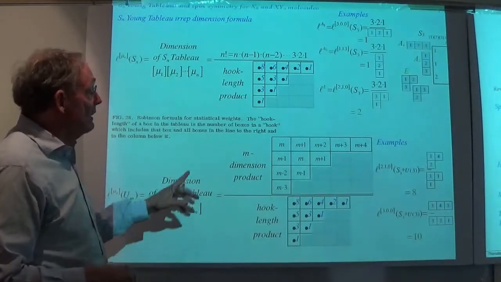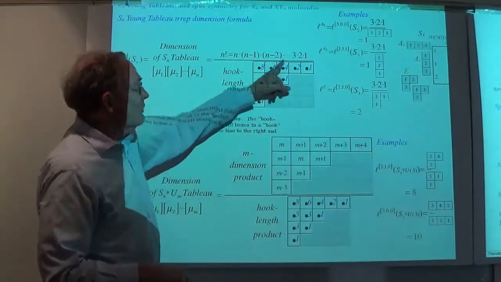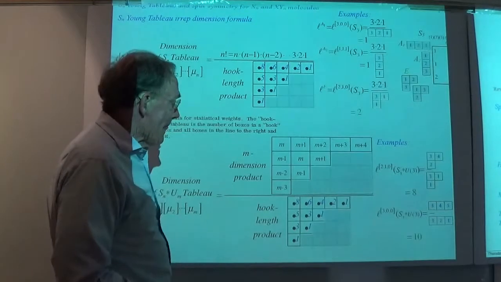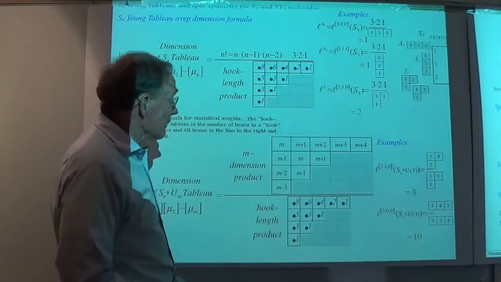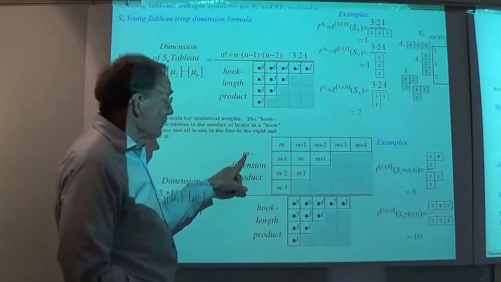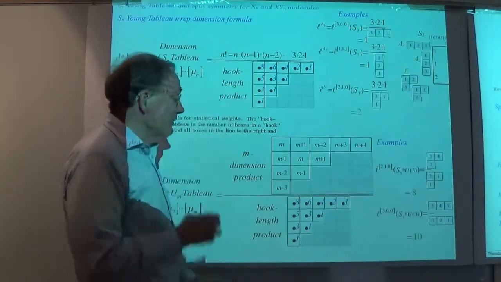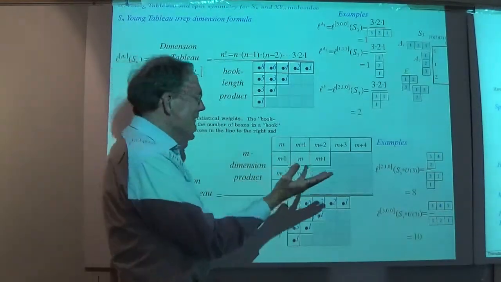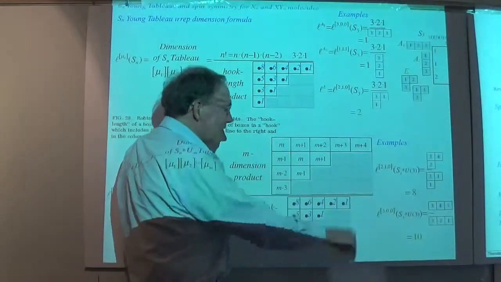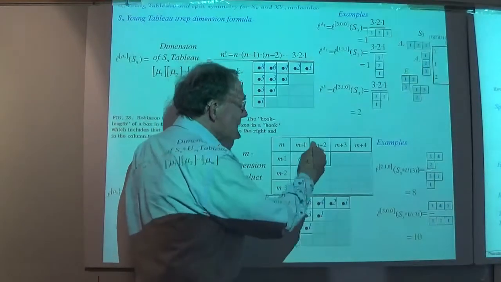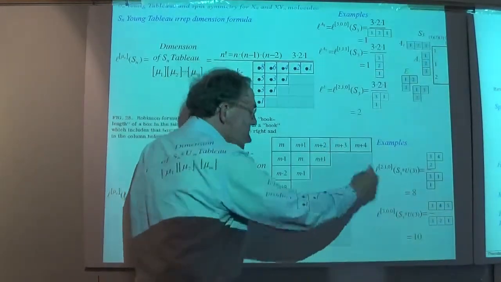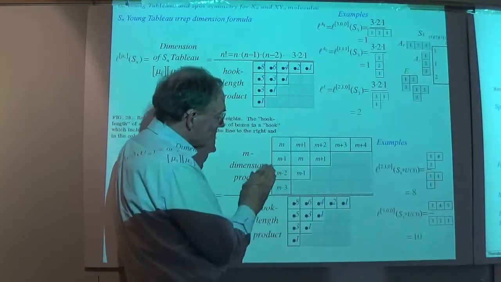But anyway, here's what you've got to do. Instead of doing n factorial, the denominator's the same here. They both are using the same numbers down here. But instead of doing m factorial, or n factorial in this case, you do this weird thing. You take the tableau and put the m on the diagonal, and then m plus 1 first off, m plus 2 second off, and so on. And then you do minus 1, minus 2, minus 3.